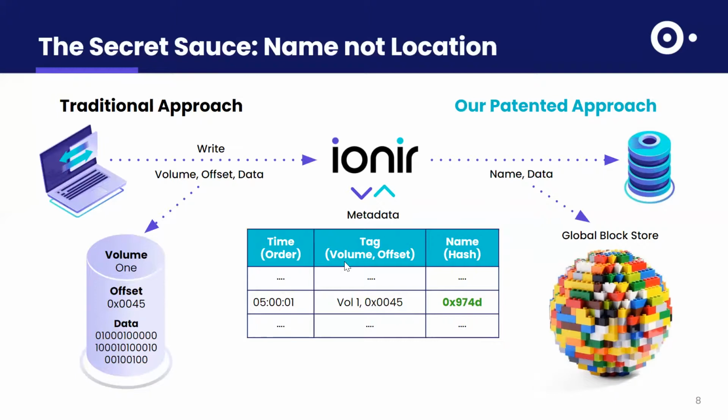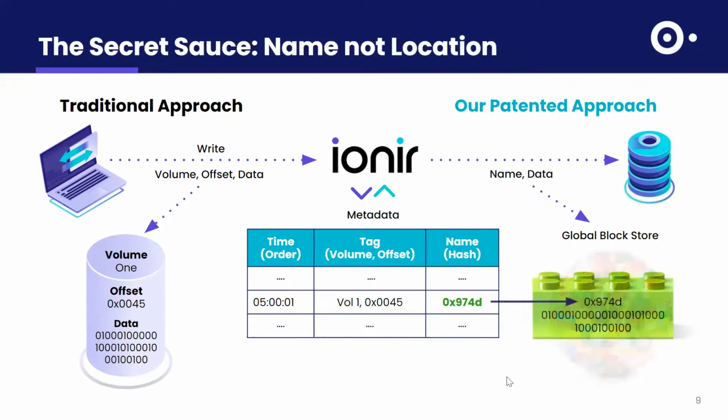The metadata, the database that manages the data, actually has the time that it changed, the tag, which in this case, because we're dealing with a block volume, is the volume and offset data, but it really could be anything if it was a different kind of storage mechanism, and the hash, which came from the ones and zeros. So we're storing name and data in this global Blockstore. Obviously, for each block of data that's written, we store a block with a name associated with it.